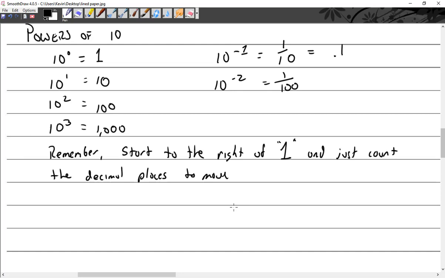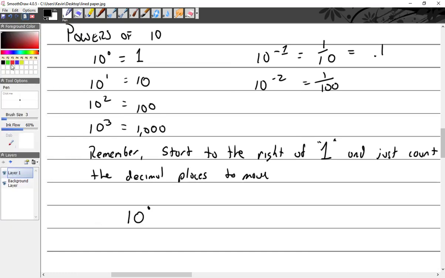So if I had 10 to the 0, how many decimal places do I move? None, so that equals 1. 10 to the second is how many decimal places? 2.